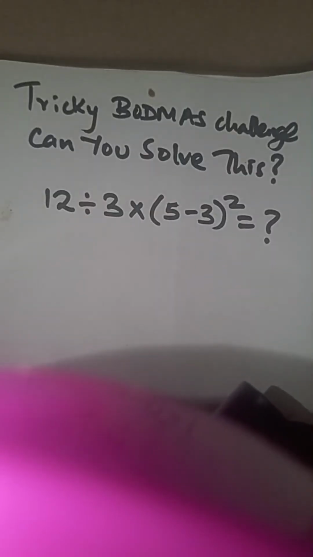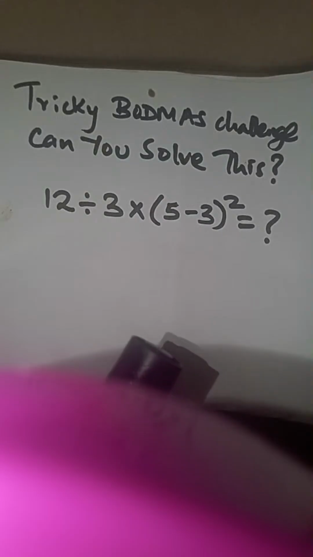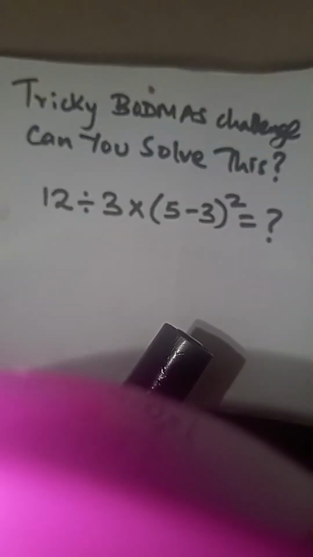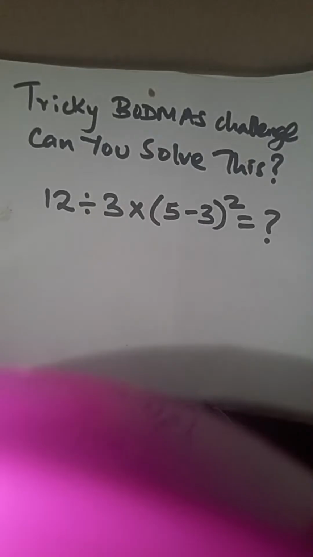It is indeed true that there's no difference between 3 in brackets 2 and 3 multiplied by 2. Austin, will you do "of" first or will you square first, according to you?